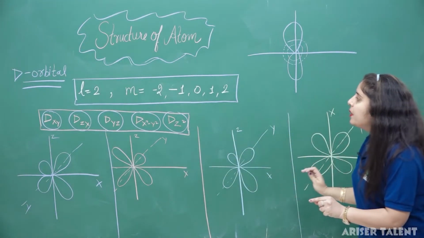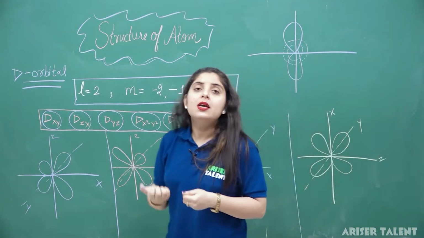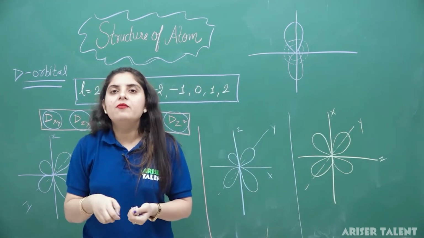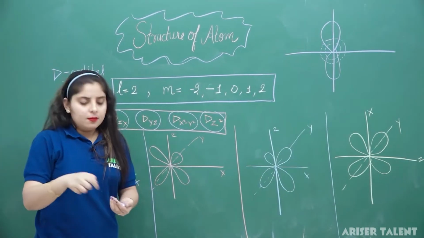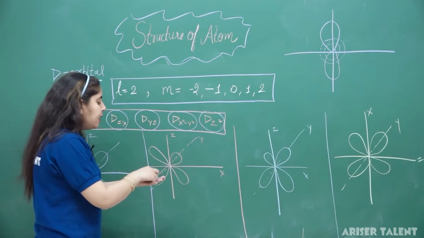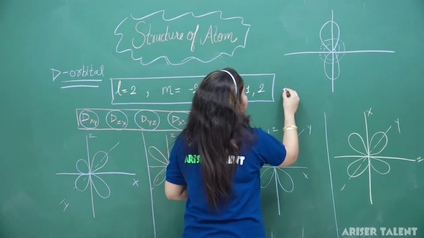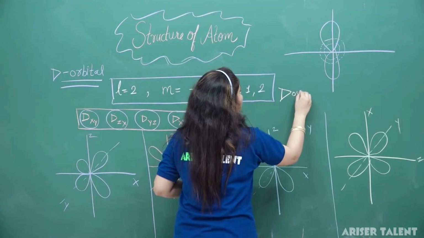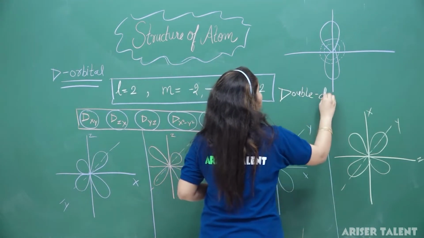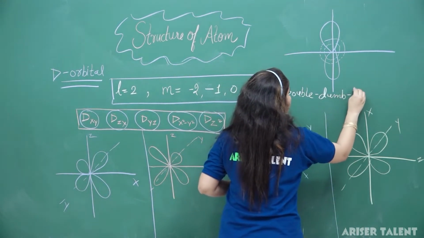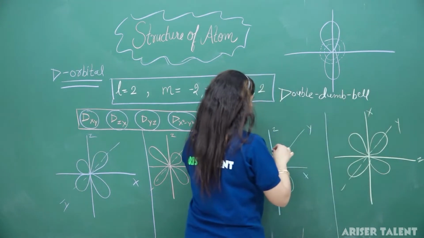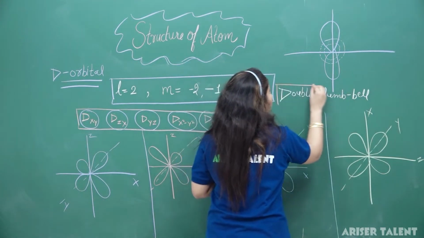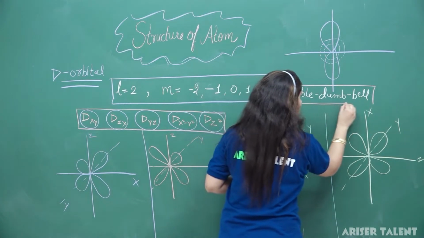From these orbital diagrams we can conclude that the shape of the d orbital will be the double dumbbell. So the structure for it will be the double dumbbell structure. This will be the shape of the diagrams for the d orbital.